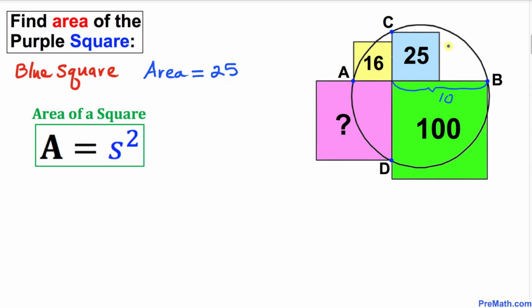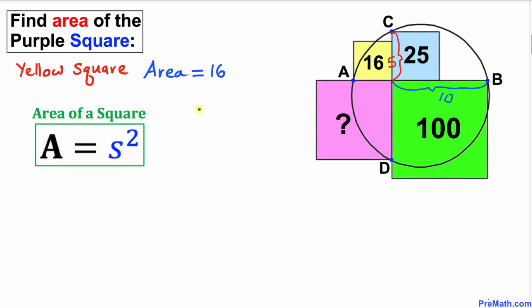And now let's focus on this blue square, and its area has been given to us as 25 square units. And once again, if we apply this area of a square formula, we can see that this side of this blue square is going to be 5, isn't it?